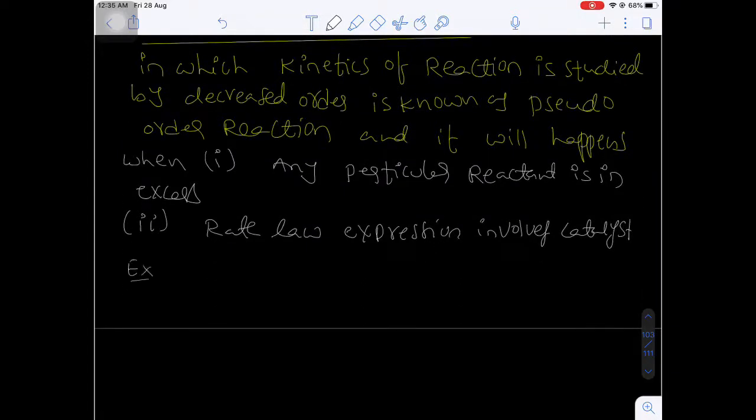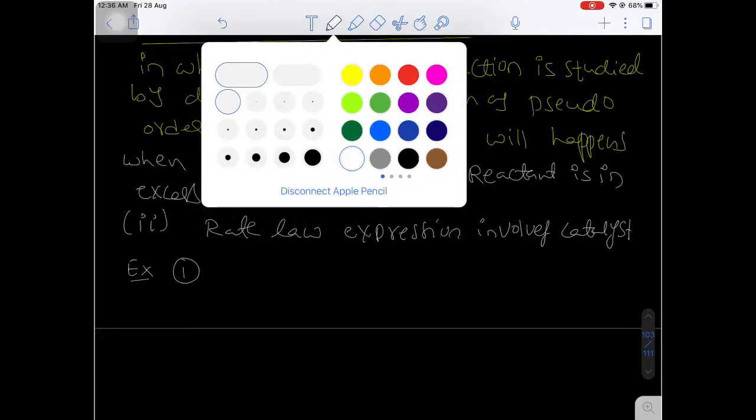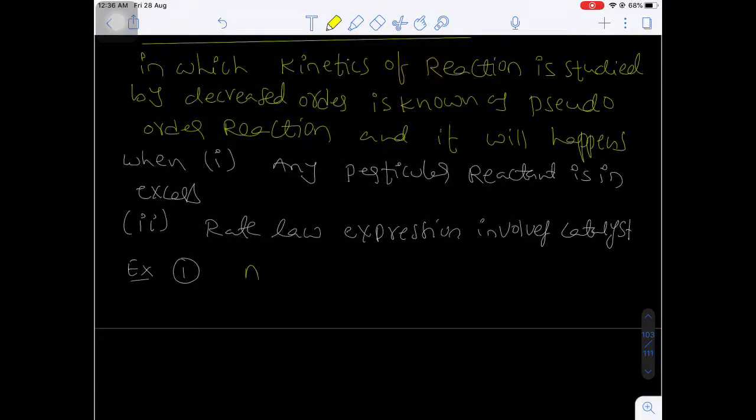Now the best example we have, number one, is acidic hydrolysis of ester. We know alkaline hydrolysis of ester is second order. Here acidic hydrolysis of ester is a pseudo first order reaction.